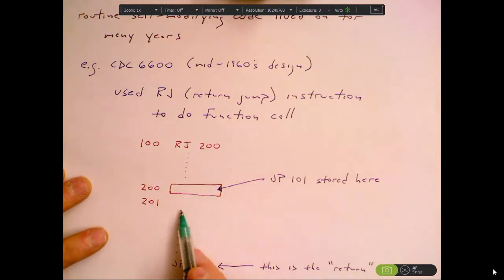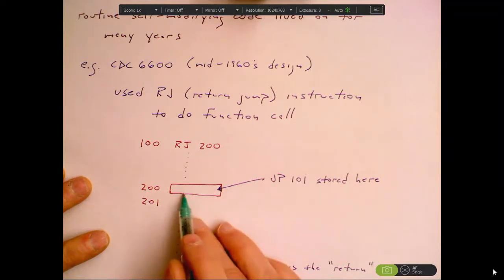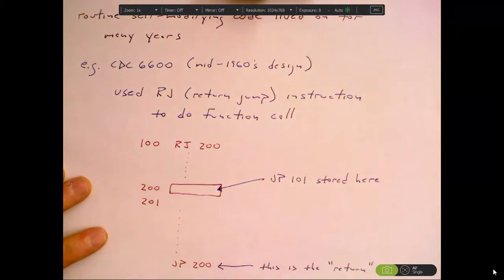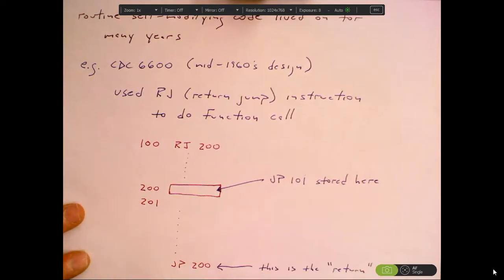It would then fall in and execute 201 and start the body of the function. When the function wanted to return, what would it do? It would do a jump to 200, which then had a jump to 101. So again, it was self-modifying code. We were dropping encoded instructions into memory addresses and then executing them.